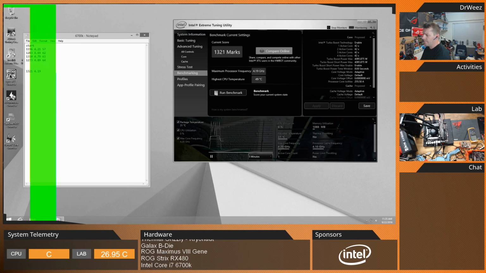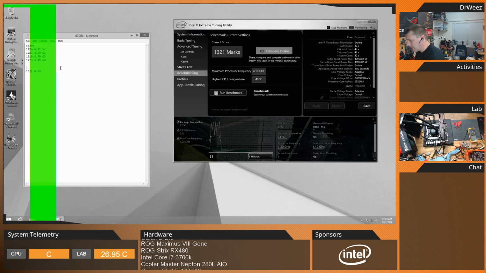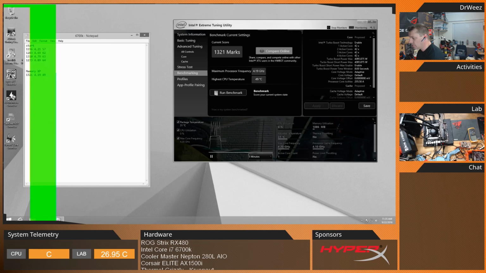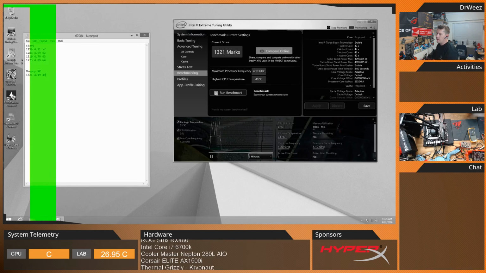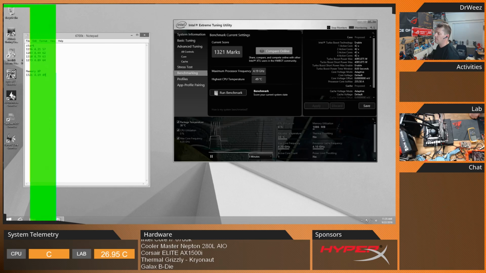Okay, so what we can see straight away from here is how we have achieved a score that is pretty much our best score so far, and our CPU is still down. So what we've benefited from the most is our memory overclock.